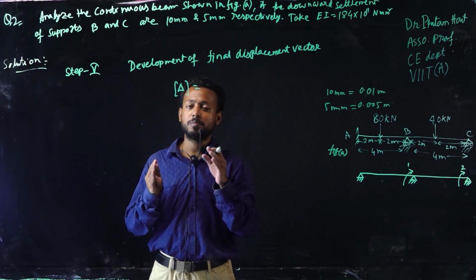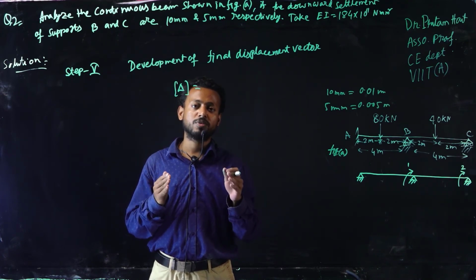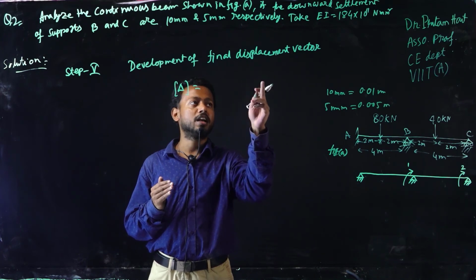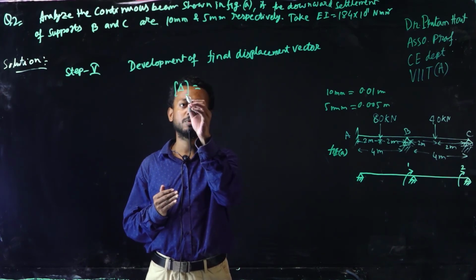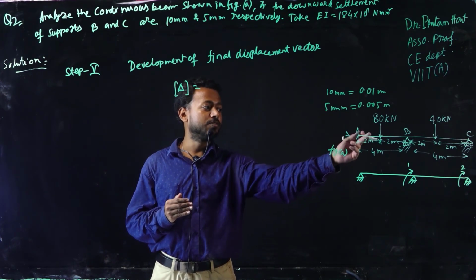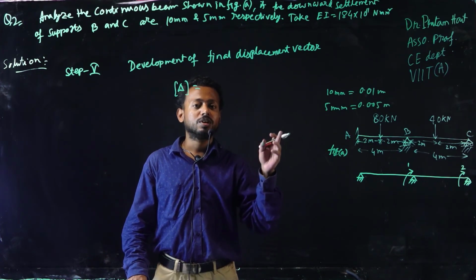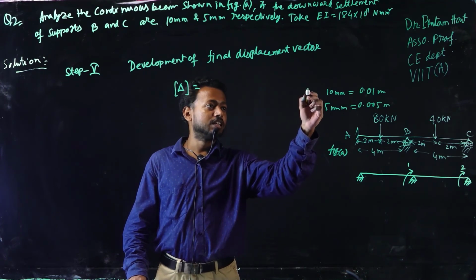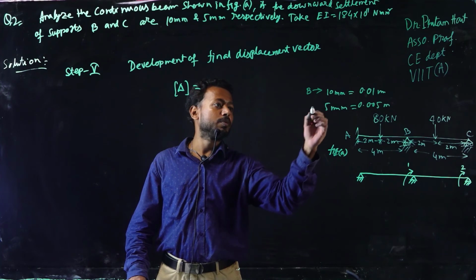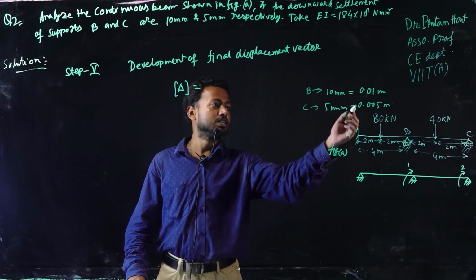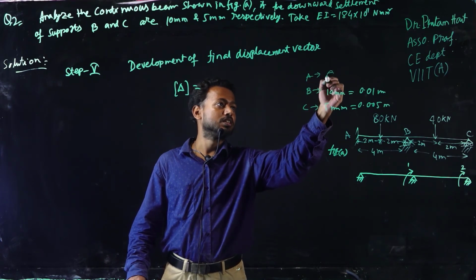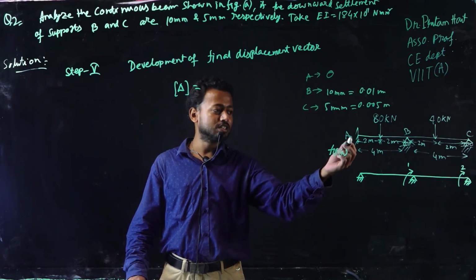So in step number 5 you have to modify a little, that is, while you are forming the final displacement vector, this displacement vector delta will depend upon the settlement at different positions. So in the question it is given that support B settled 0.01 m and support C settled 0.005 m, and support A settles 0, it is not given, that is, support A settles 0.